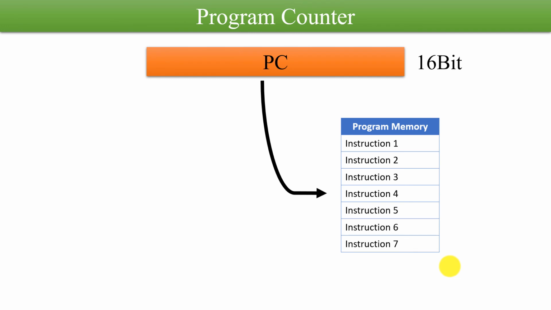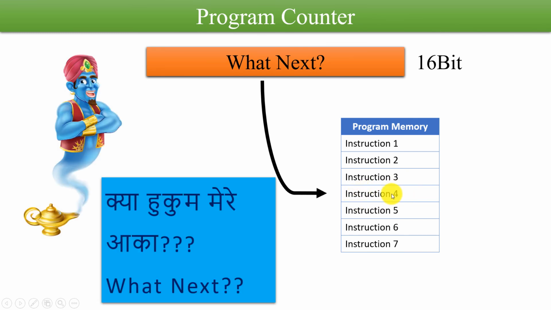So if we summarize, then it always has a question, what next? So the programmer has to tell in the program what next is to be done. It is just like the genie of Aladdin, who always asks the master, what next? So that is how the program counter register works.